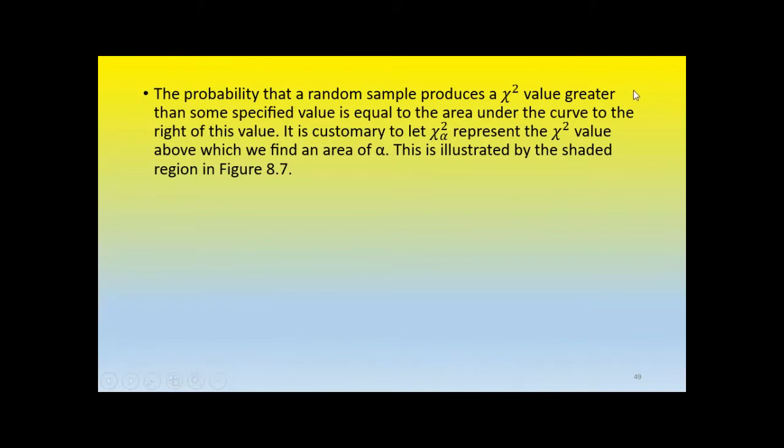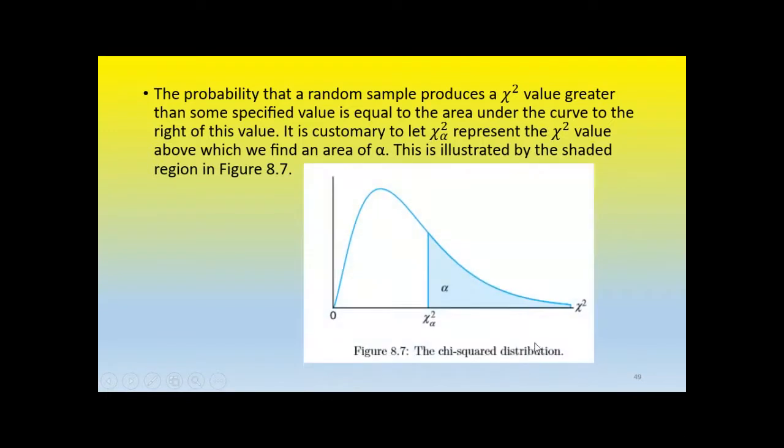Now, it is customary to let chi-square alpha represent the chi-square value above which we find an area alpha. See, what do you mean by chi-square alpha here? This value on this axis is the chi-square value. Alpha says that the area to the right side of this is alpha.